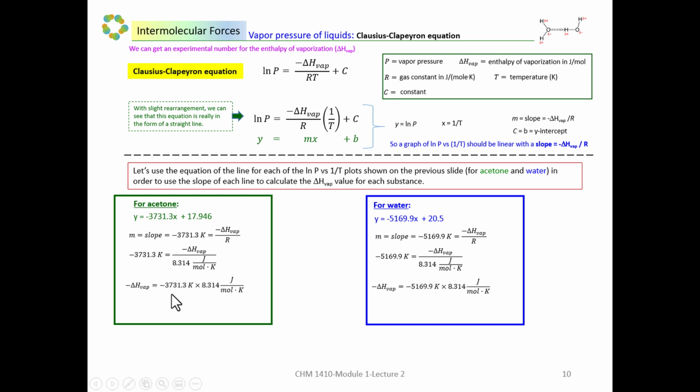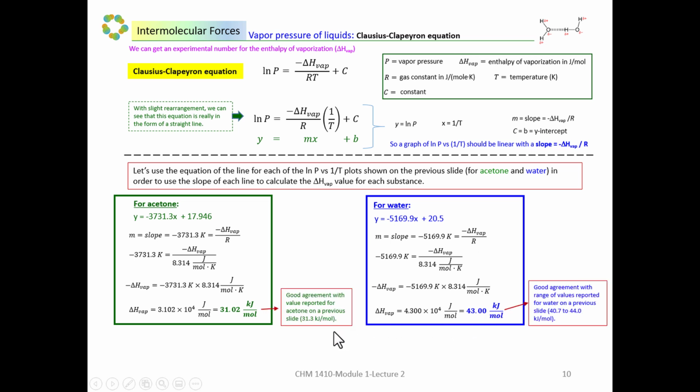We end up with the negative delta H of vaporization equal to the negative 3731.3 K, the slope, times the gas constant. Of course, we have negatives on both sides, so they cancel out. We solve for heat of vaporization, and we get 3.1 times 10 to the fourth joules per mole, which I'm going to convert to kilojoules per mole. If we do the same calculation for water, what we get is 43 kilojoules per mole.